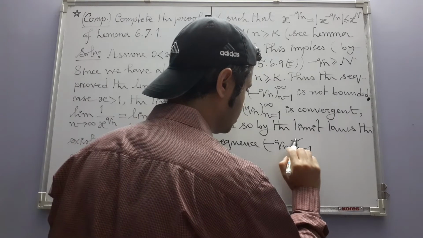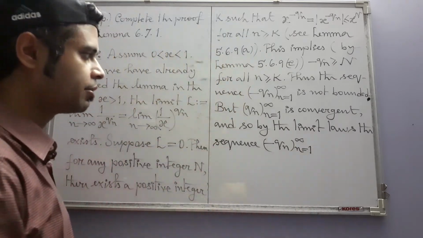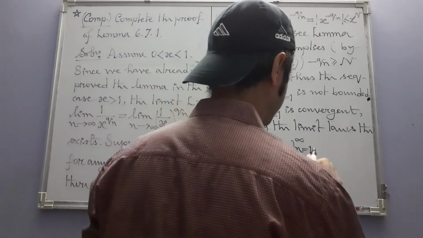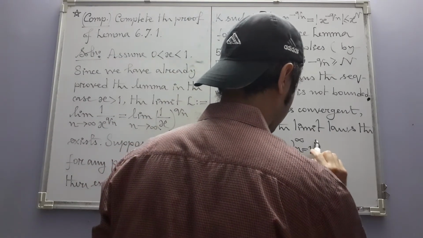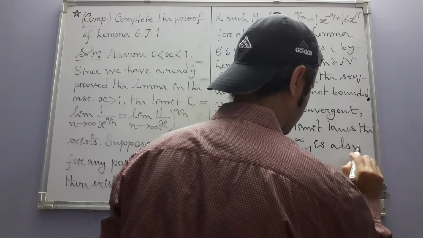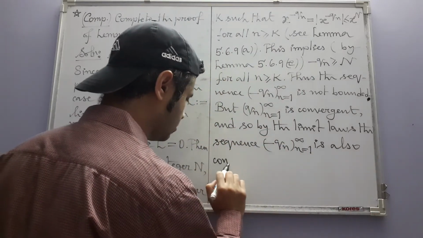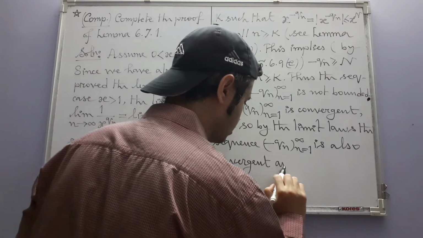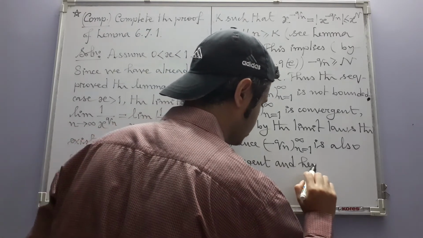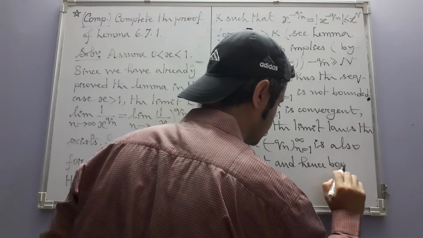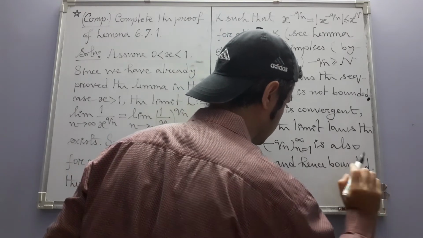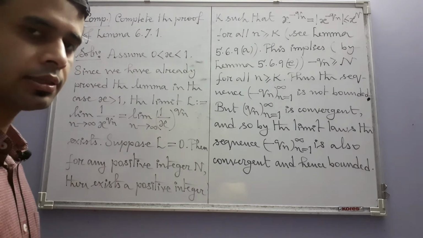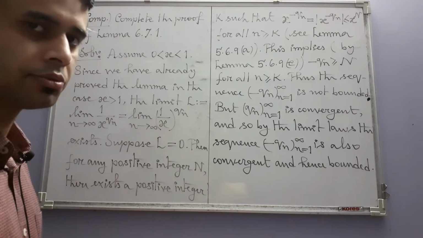In fact, its limit will be the negative of the limit of qn, whatever it turns out to be. Is also convergent and hence bounded. This is something we already know. We have proved that any convergent sequence of real numbers is bounded.